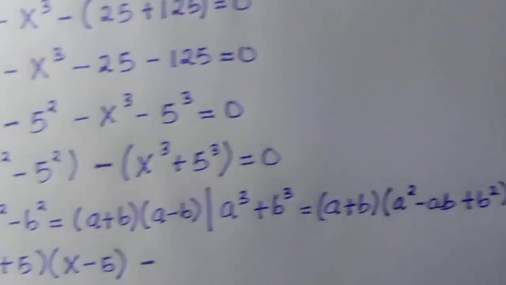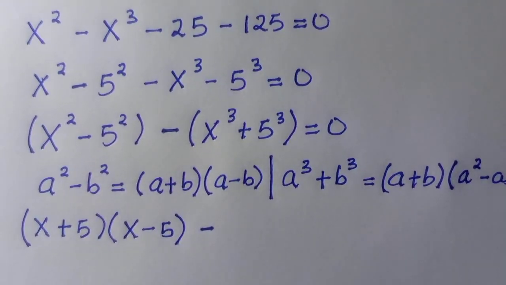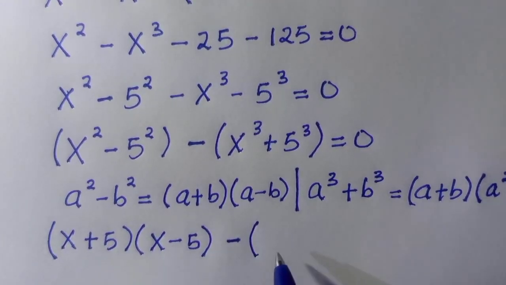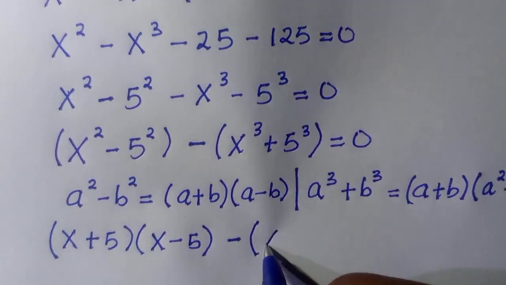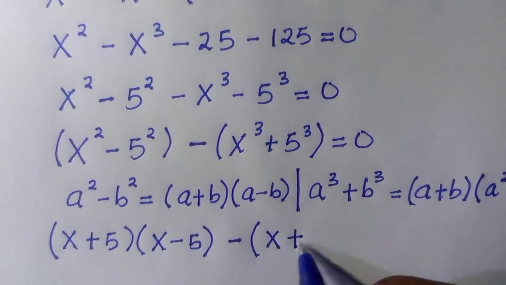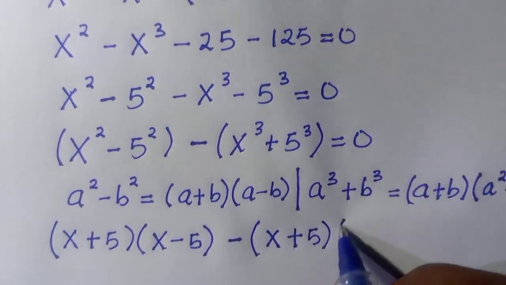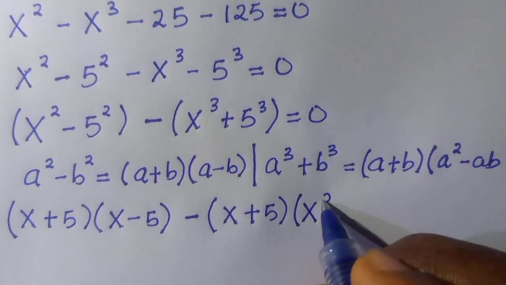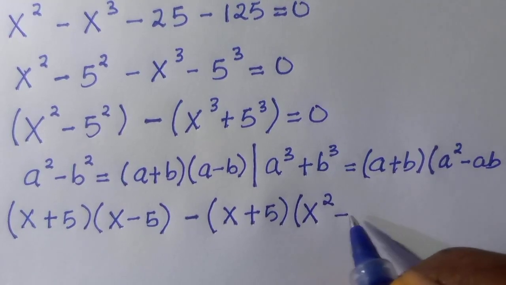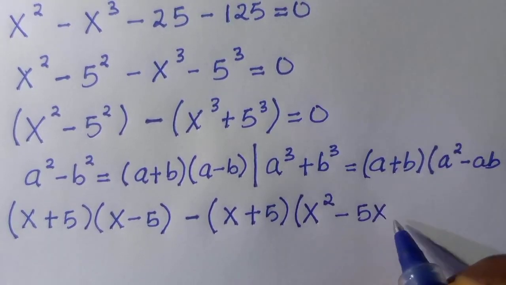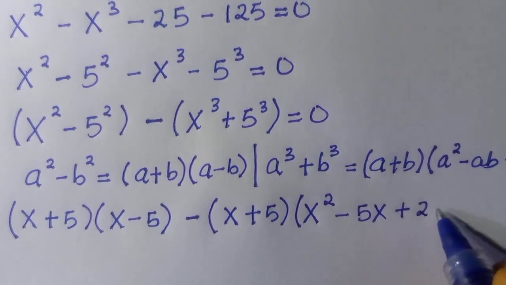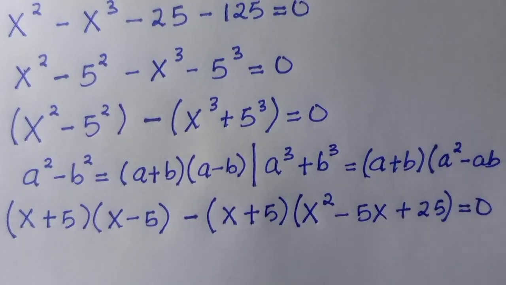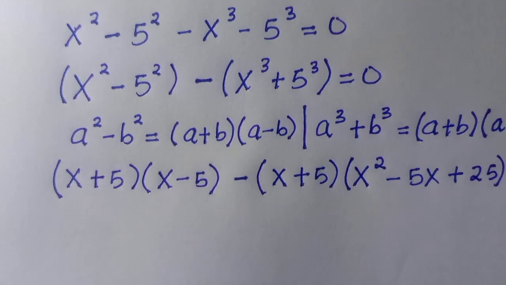So we also apply this and we place it here, and we have our x is a and 5 is our b. So that is x plus 5 open bracket x squared minus 5x plus 5 squared is 25. Everything equals 0. So this is what we have for this.